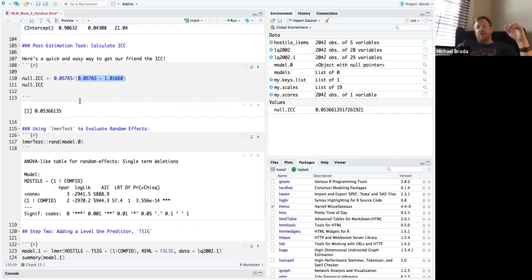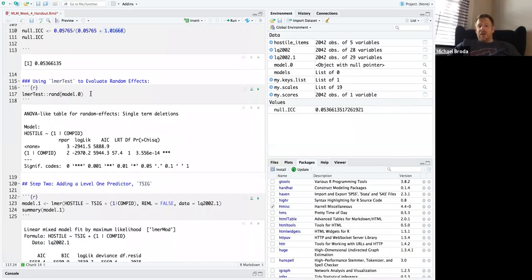That means 5% of the variation in hostility scores is between companies, and 95% of the variation is within. So there's quite a bit of variability within each company in terms of hostility, which means there might be a lot to explain there with individual level predictors. But there also is some variability between as well.